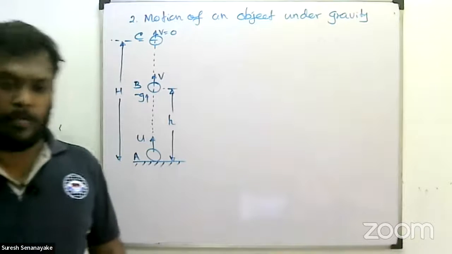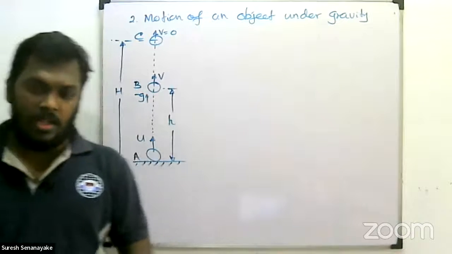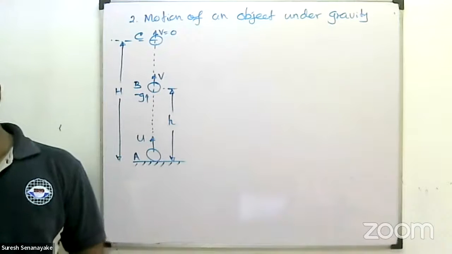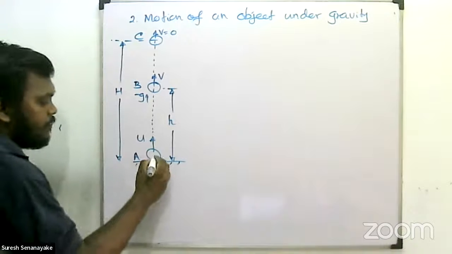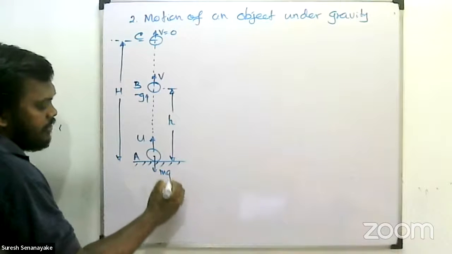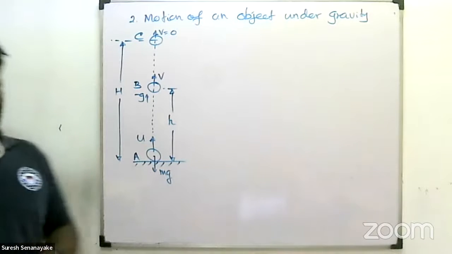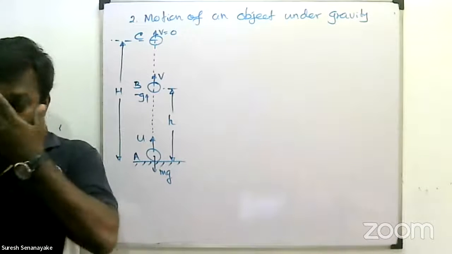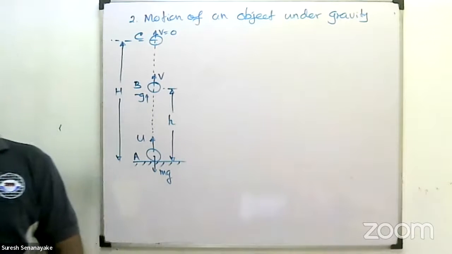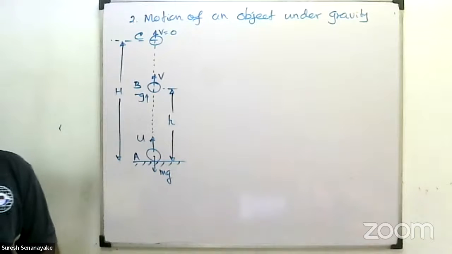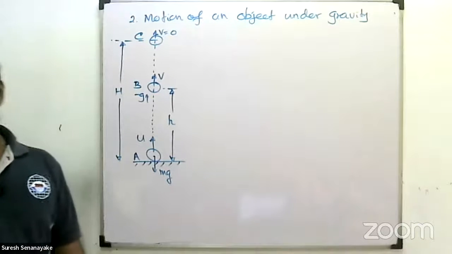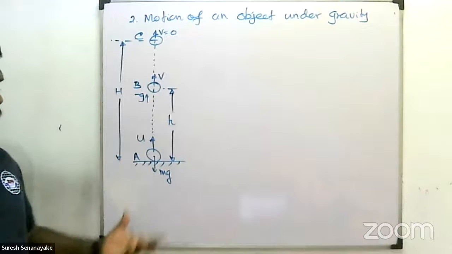Consider an object of mass m projected vertically upward with an initial velocity u, and then you can draw this diagram.